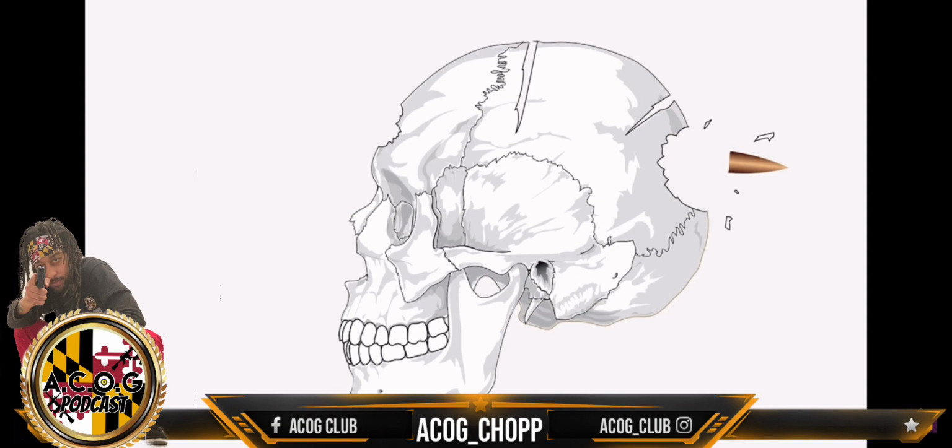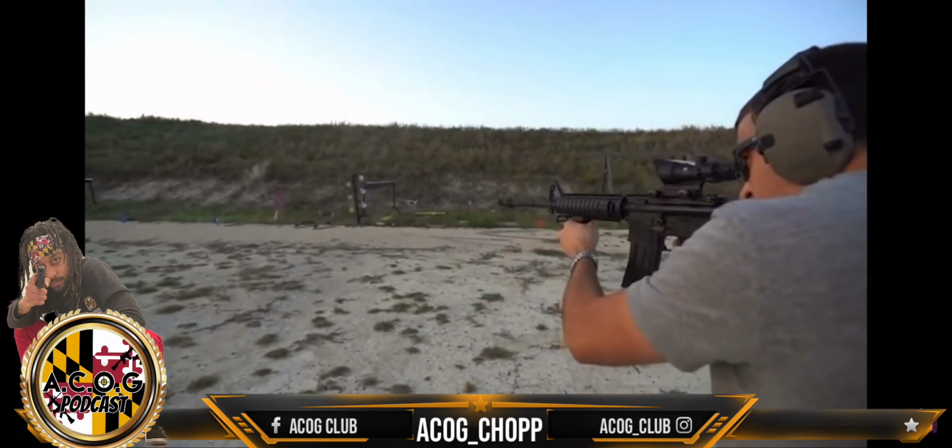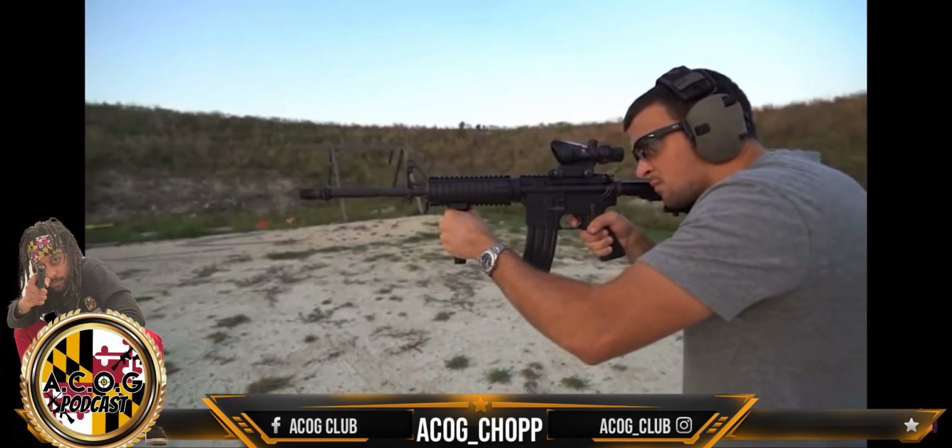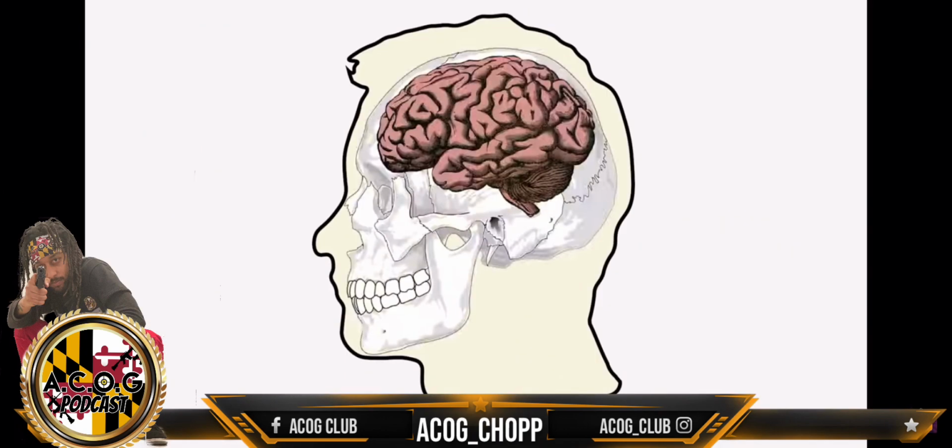When the firearm has a high velocity, the more kinetic energy the bullet is going to produce on impact. Which shows in this how it's small in the front and large in the back, because it produced a lot of kinetic energy itself. This is why rifles are more lethal than pistols, not because of the weight, but because of the velocity of the round. Now, let's look at what happens inside the skull.